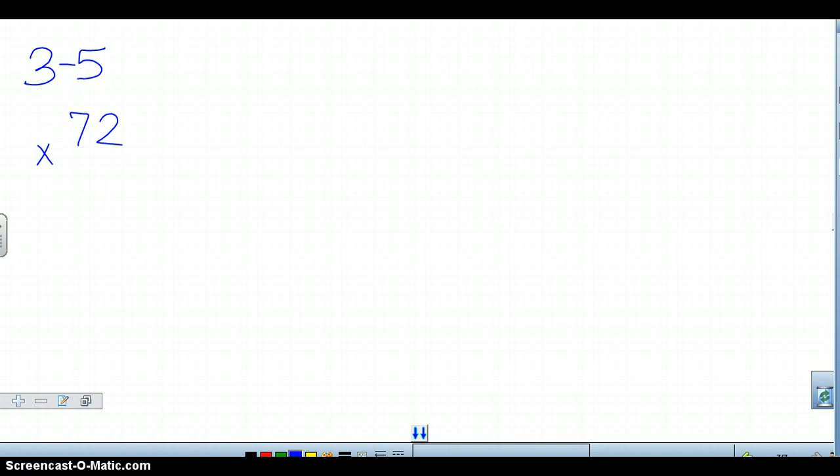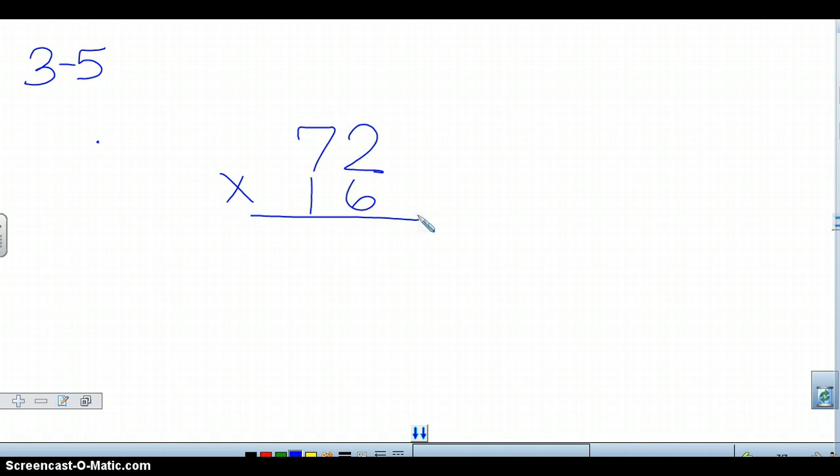I'm going to write it in the middle of the board so I have a little bit more room to work. When you do this, you have to multiply the ones first, then the tens, and regroup if necessary, the way that you have always been taught. 72 times 16, okay?